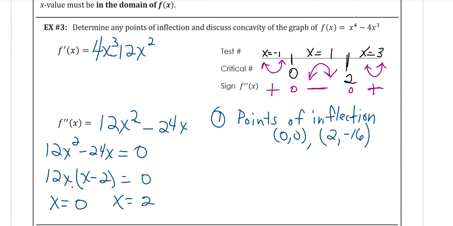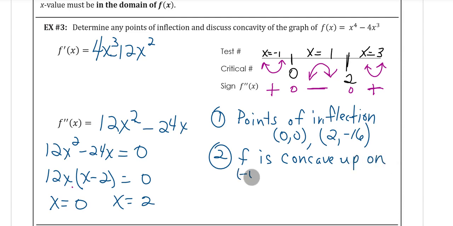Now, I can say also that f is concave up on negative infinity to 0, and also from 2 to infinity. And my reason is that my second derivative is greater than 0.